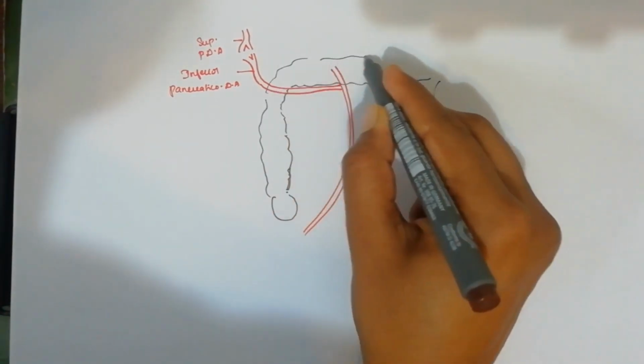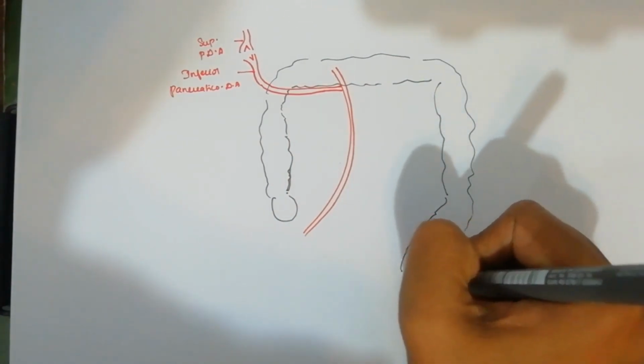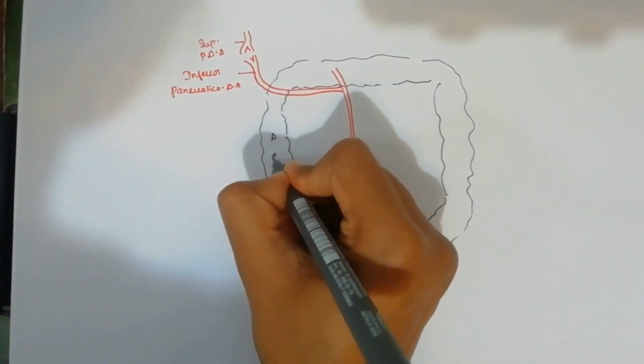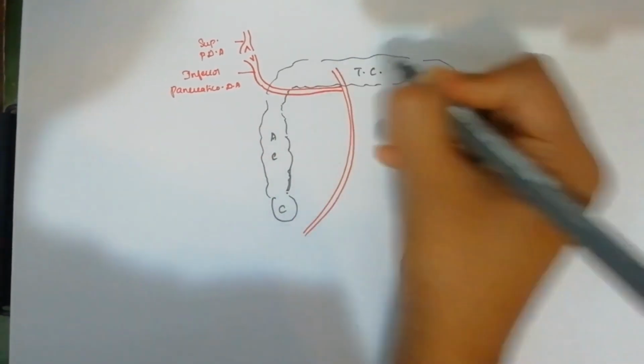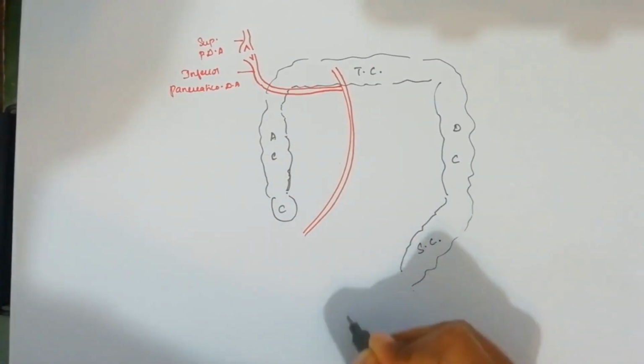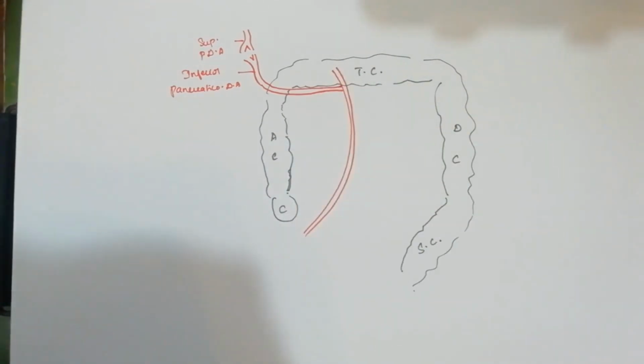So we have somewhat this type of distribution of colon. So this is cecum, ascending colon, transverse colon, descending colon, and sigmoid colon, which ends in the rectum.